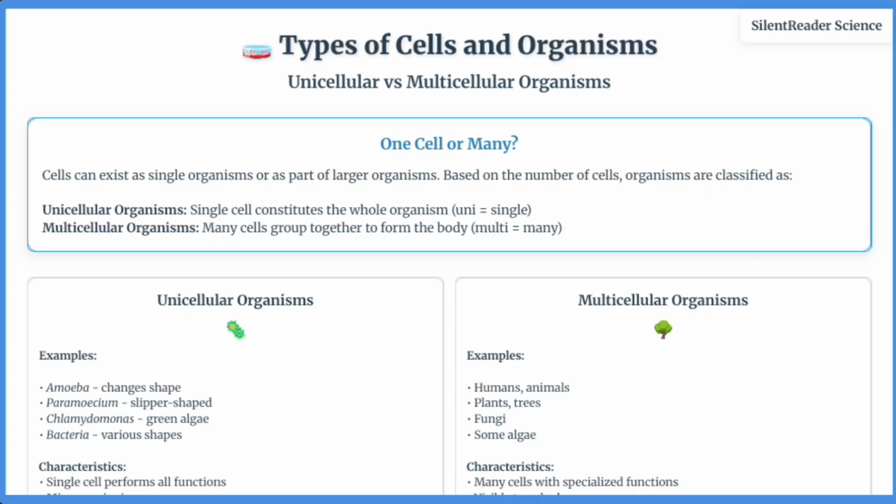Multicellular organisms, like plants and animals, consist of many cells that specialize in different functions. This division of labor allows for complex organization. Nerve cells transmit signals, muscle cells contract for movement, blood cells transport oxygen, and so on. Despite their different shapes and functions, all cells share basic characteristics and come from pre-existing cells.